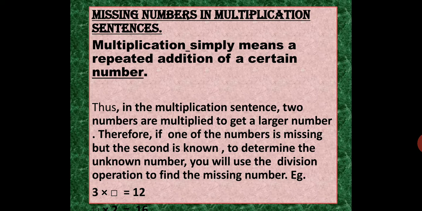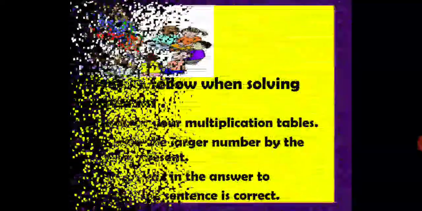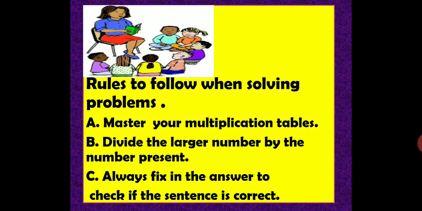Before we find out, let's find out if there are rules to follow. As usual, there are always rules to follow in mathematical problems. They help us solve our problems easily. So here are a few rules.